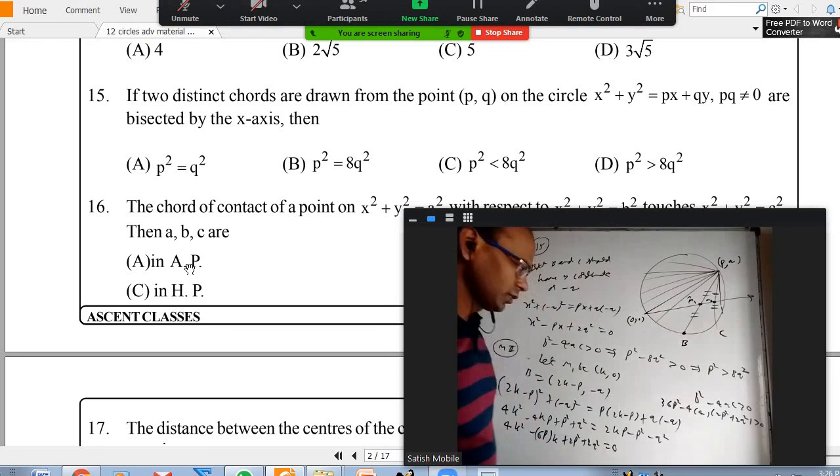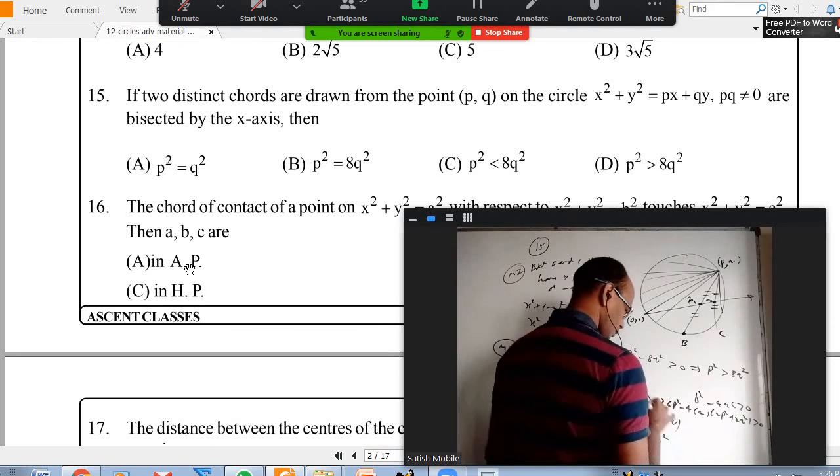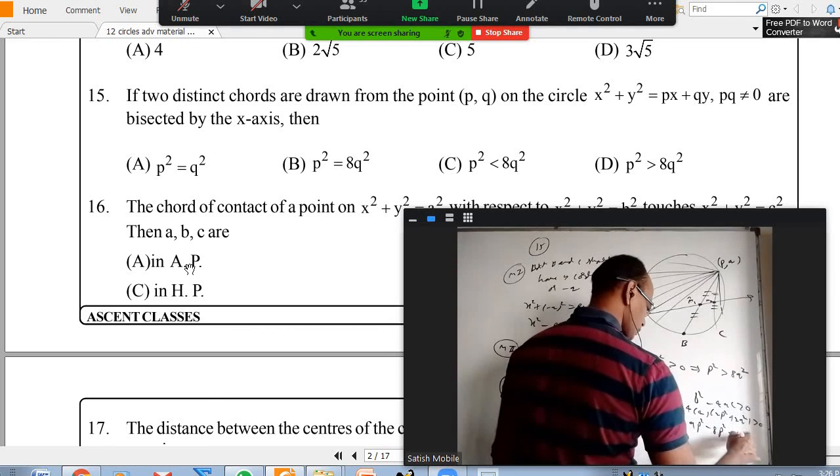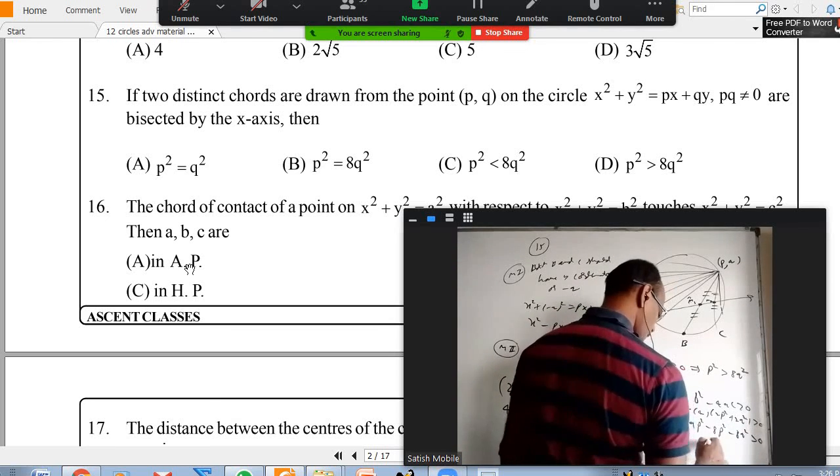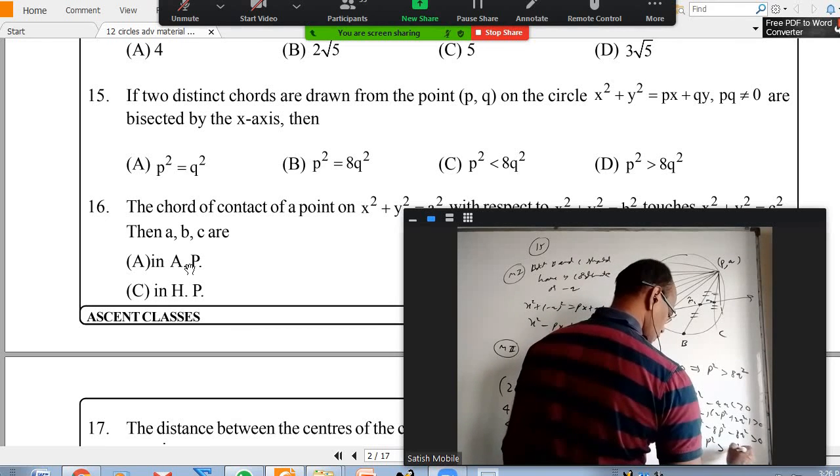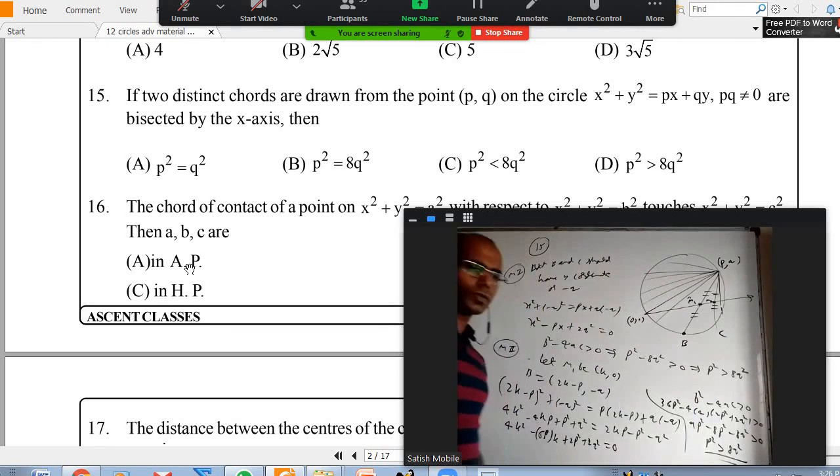Okay, I can divide by 4 all over. That will give me 9p square minus 8p square minus 8q square greater than 0, which is p square greater than 8q square. You can do it like that.